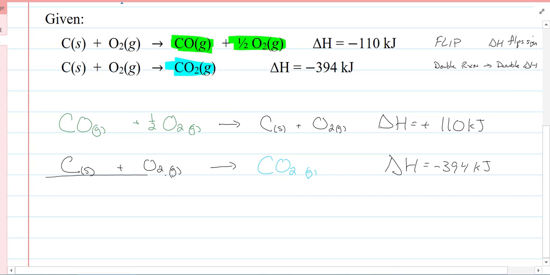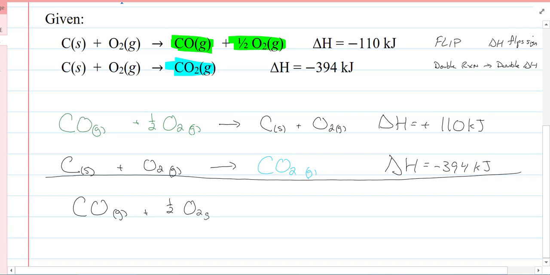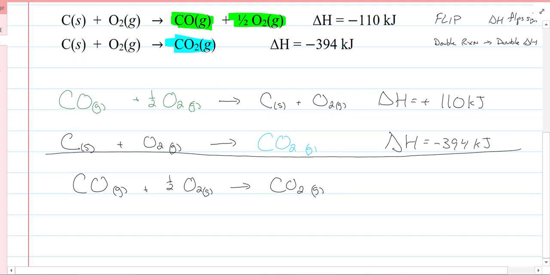If we add up these two reactions, what do we get? I get CO gas plus 1/2 O2 gas going to CO2 gas. And that's what we want. For delta H, all I have to do is add these up. And that would be what? Negative 384? I'm sorry, negative 284 kilojoules. And that's Hess's Law. That's all it is.